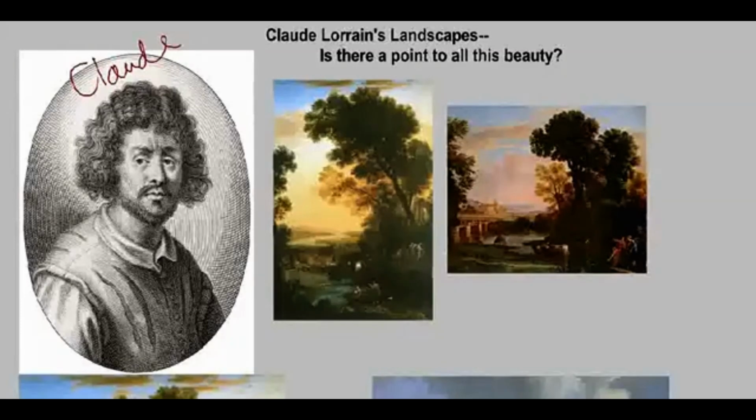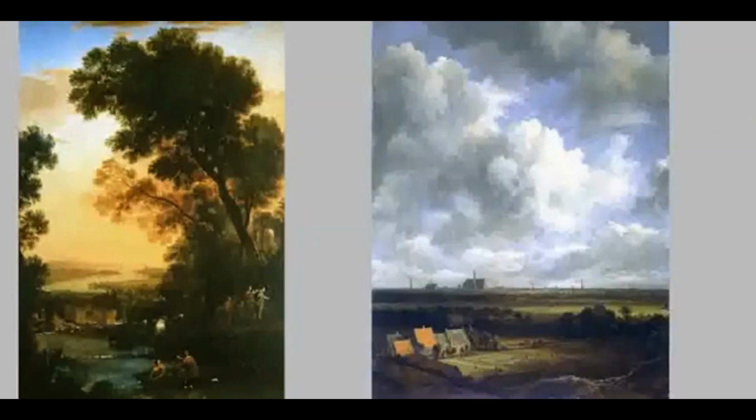Now, before we take a close look at these paintings, I want to look at some of the other artists of the time to provide some context and understand what Claude's unique role was in the Baroque. Here on the left, we have Landscape with the Flight into Egypt, which we just looked at above.